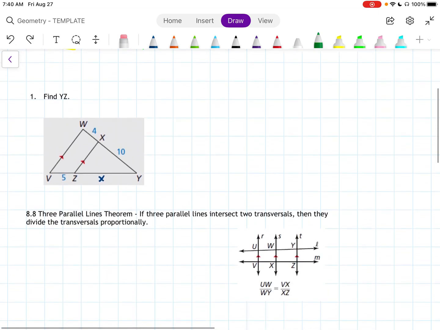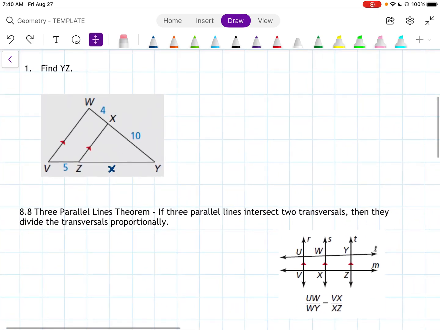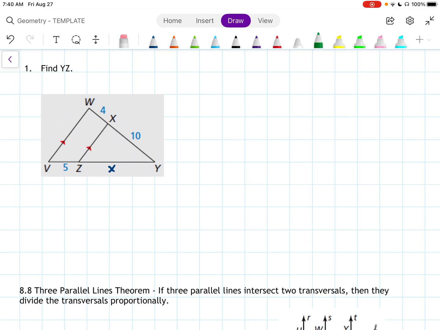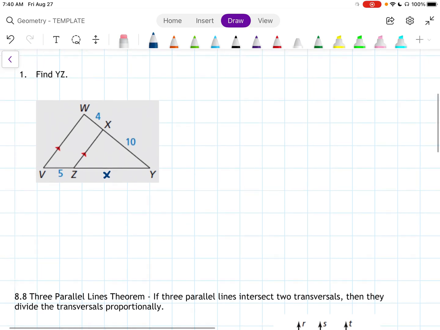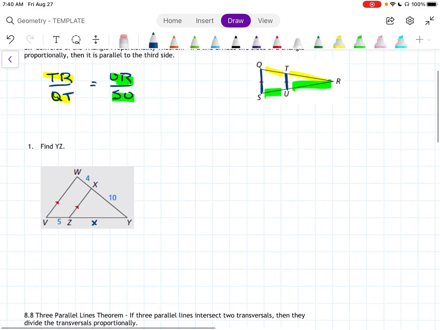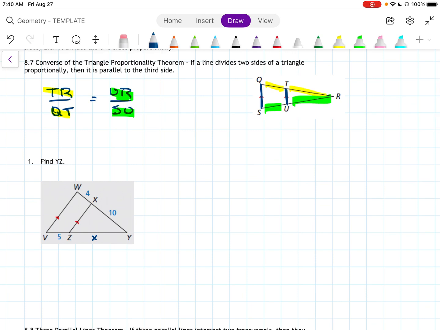Number 1, find YZ. So I've already drawn in an X there because I don't really want to have to use two variables, the Y and the Z together. So we're going to kind of plug into this proportion over here. We're going to put the long side on top. That way we can put X on top. X over 5 equals the long part 10 over 4.